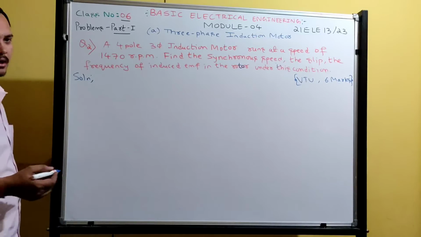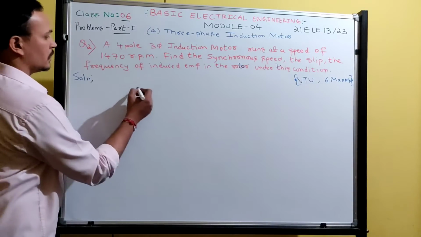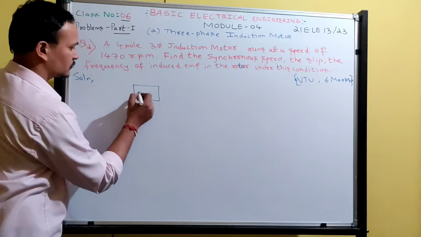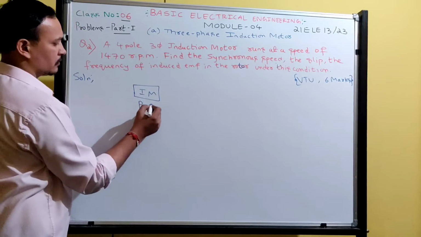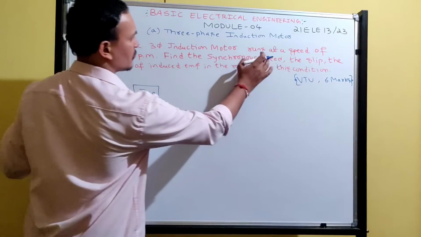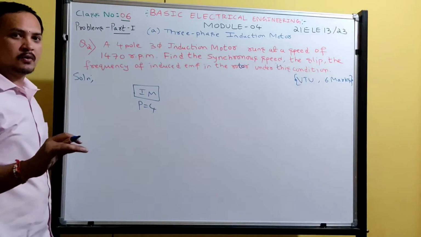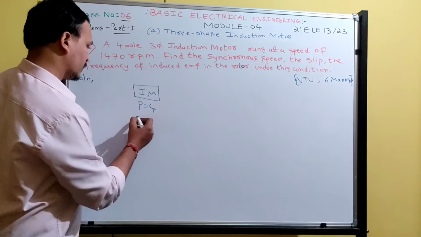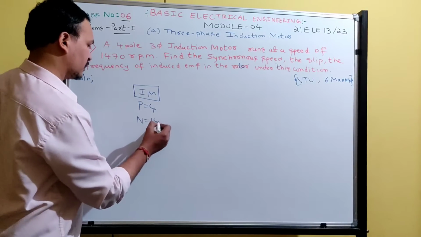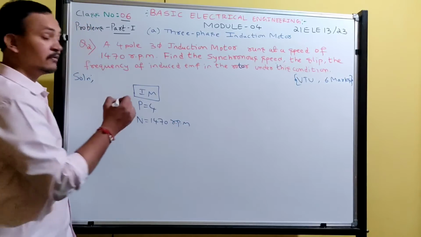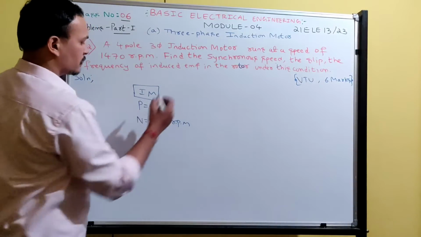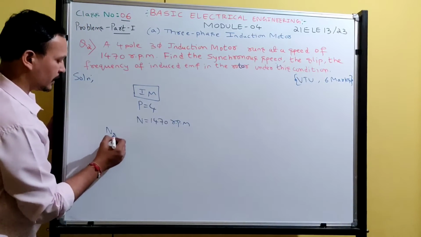So let's start. Induction motor. Okay. How many poles in the induction motor? 4 poles. A 4-pole 3-phase induction motor runs at a speed of 1470 RPM. So the induction motor is running at 1470 RPM. That is the N value. And they are asking to find synchronous speed.